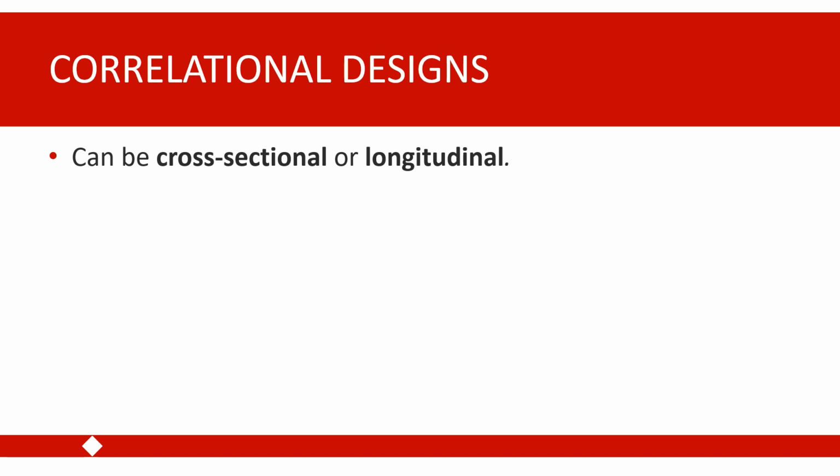We might also do a longitudinal study where we collect information and make observations at multiple points in time. These can be short-term, maybe we are looking over a 24-hour period of time, or they can be very long. We have some longitudinal studies that have followed people for almost their entire lives.